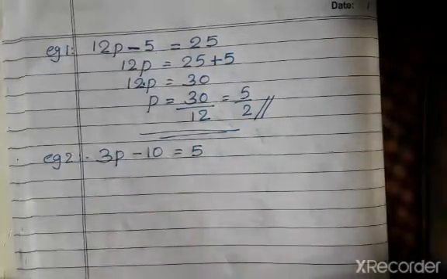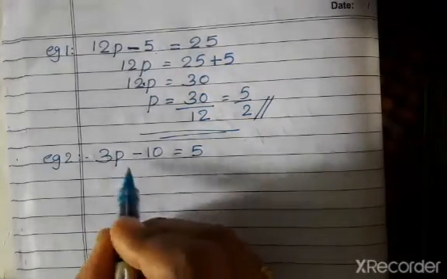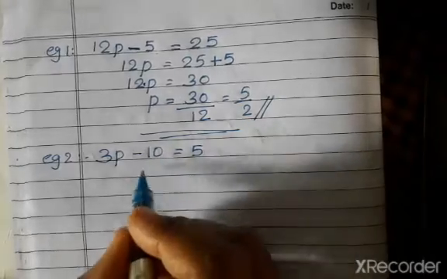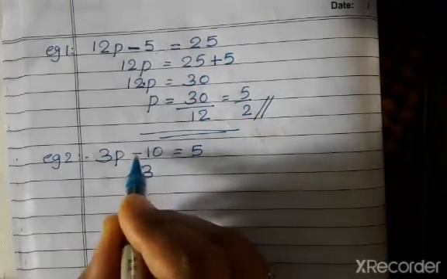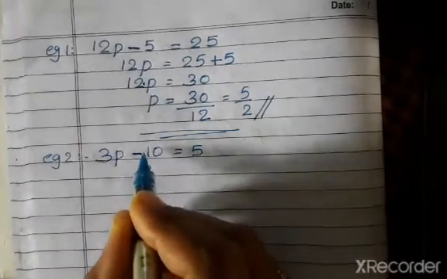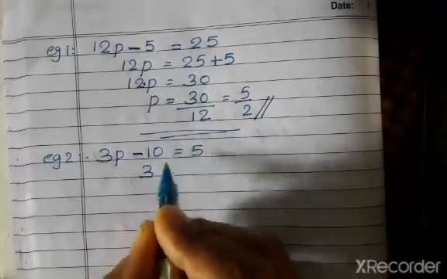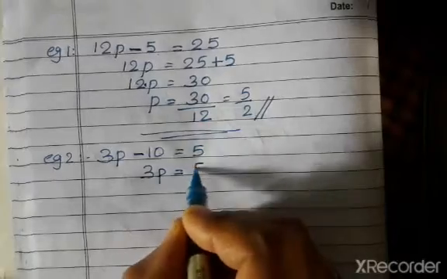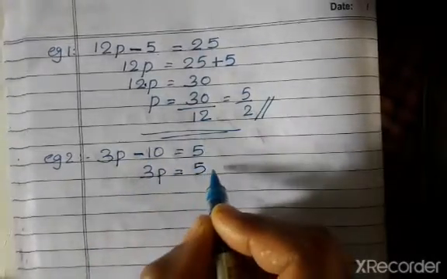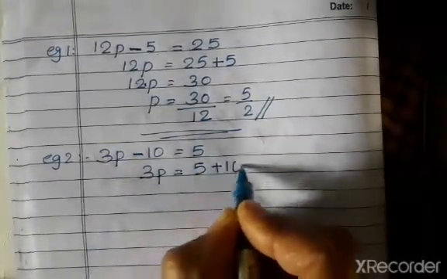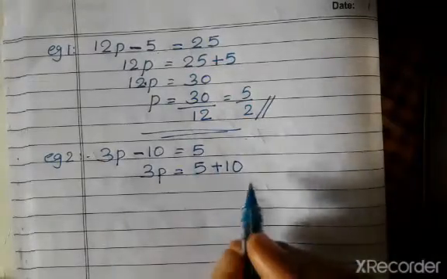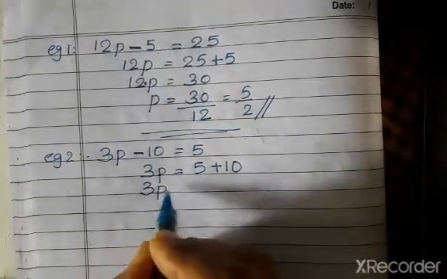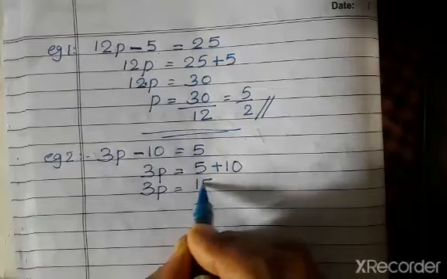That is the step-by-step method. Here, 3p minus 10 is equal to 5. You have to take negative 10 to the right hand side first. So 3p is equal to 5, then minus 10 will become plus 10 when it goes to RHS.